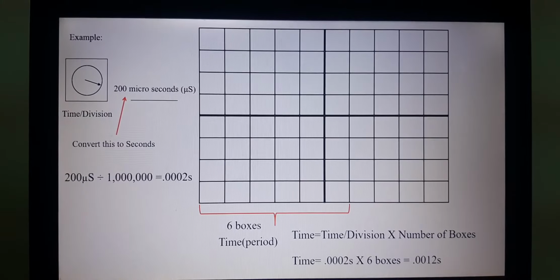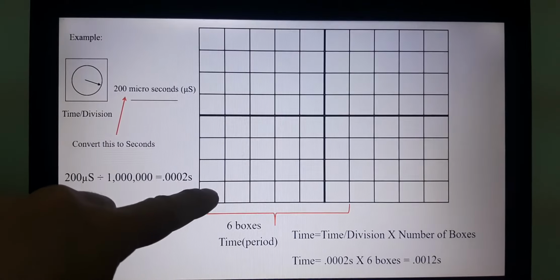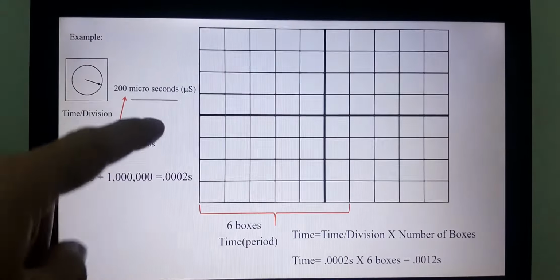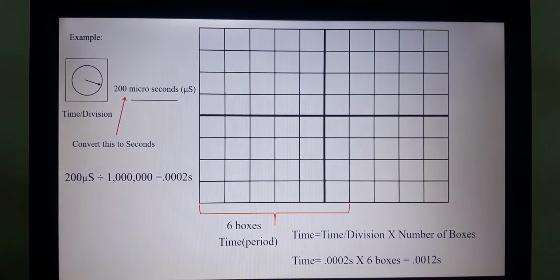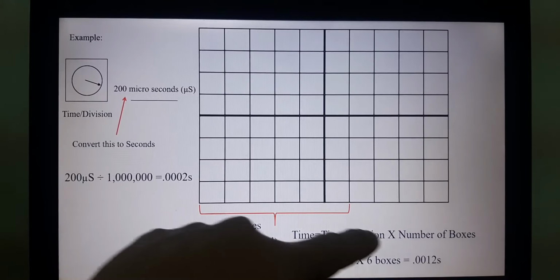Now, in this example, one cycle has a period of 6 boxes, 1, 2, 3, 4, 5, 6, meaning these 6 boxes cover the one cycle. Okay, so time is equal to time per division times number of boxes. We have time is equal to 0.0002 seconds times 6 boxes is equal to 0.0012 seconds. So this is our time.